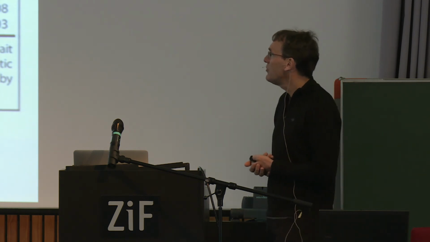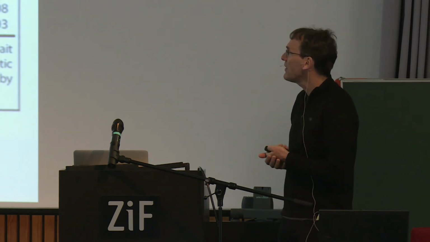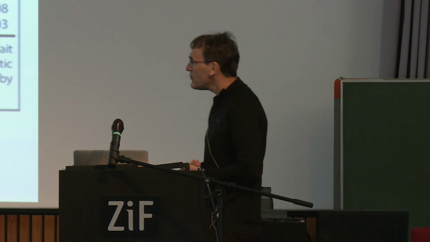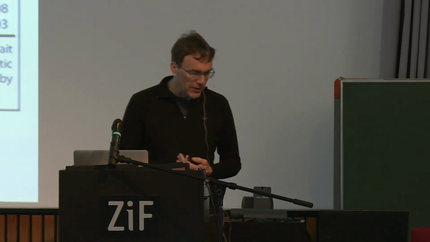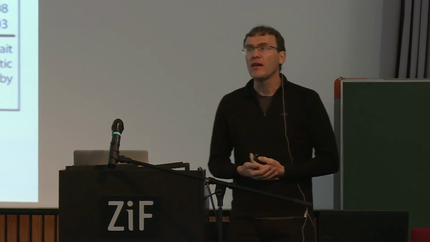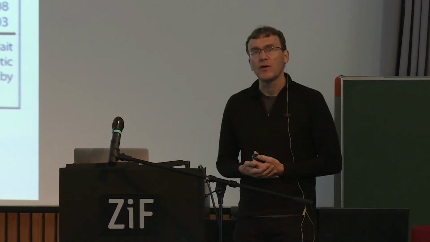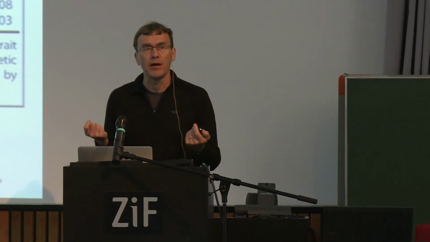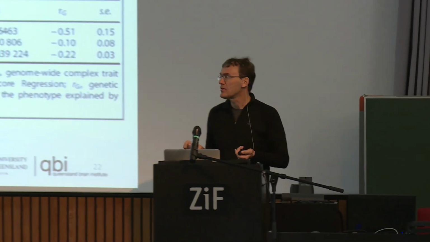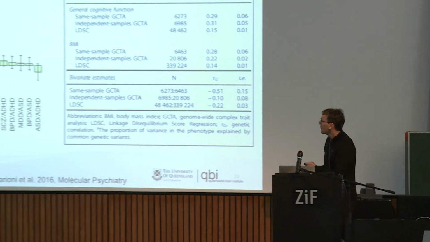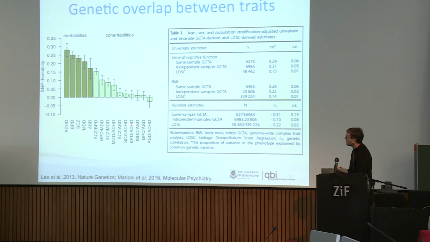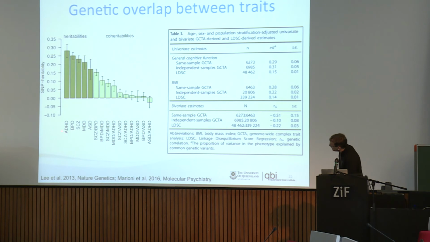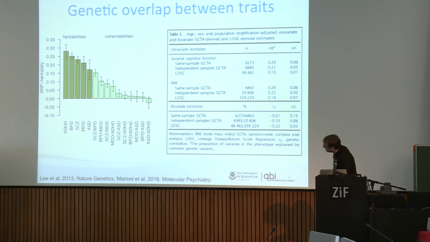Here's another one with two examples. On the left-hand side is an example from medical genetics, where exactly the same kind of idea was used to estimate the genetic overlap or comorbidity, if you want to think about it that way, of different psychiatric diseases. So here's a bunch of psychiatric disorders: ADHD, bipolar, schizophrenia, major depression, and autism.